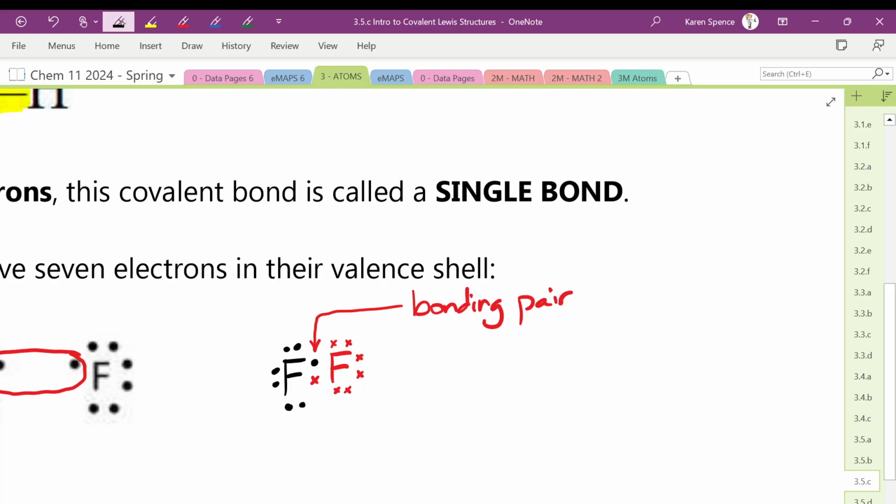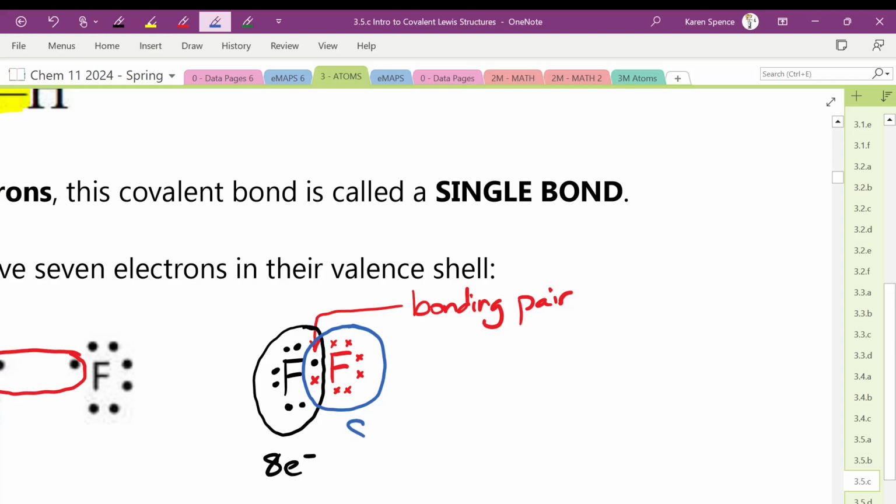And if we draw a circle around this fluorine, how many electrons does it have? 8 electrons. And if we draw a circle around our second fluorine, how many electrons? 8 electrons.